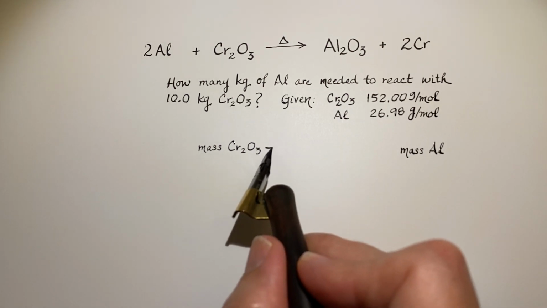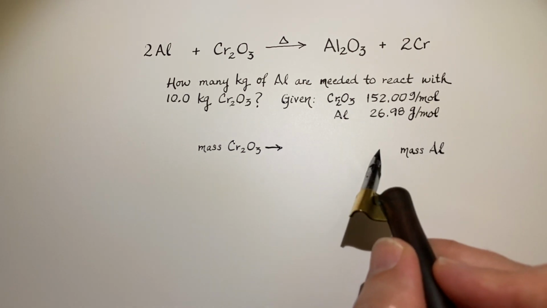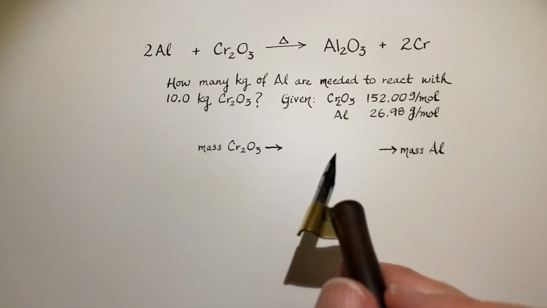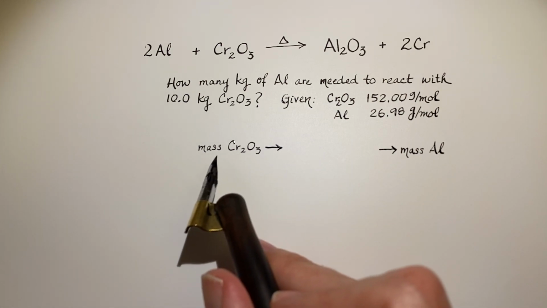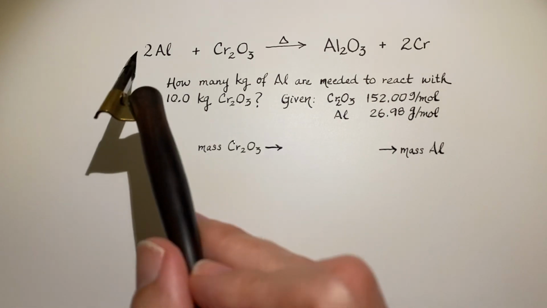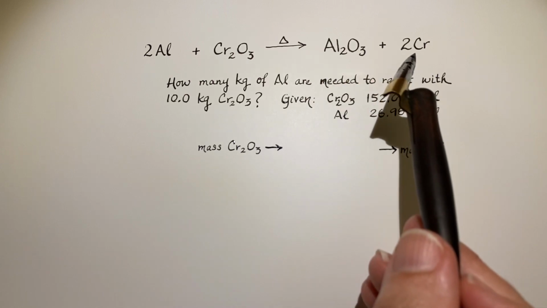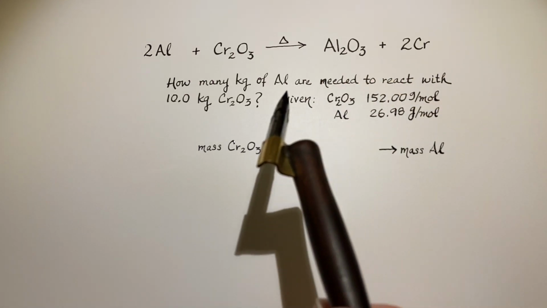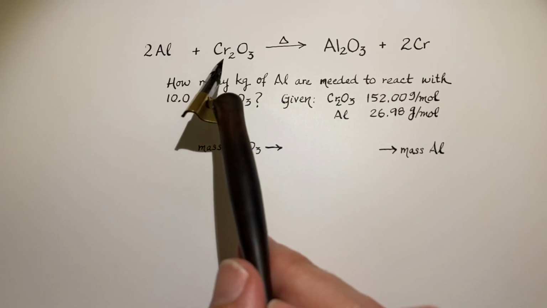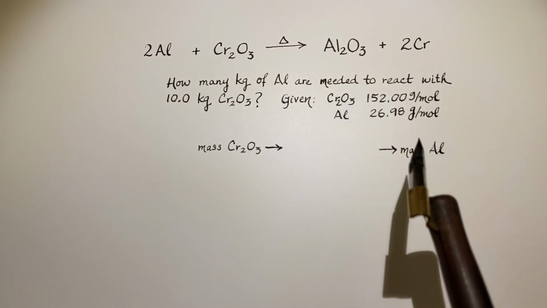Alright, so this is the direction we're headed, right? But we need to do a couple steps in here, and that is when we're looking at balanced chemical equations, we can't go directly mass to mass. We've got to think about the mole ratios between them.